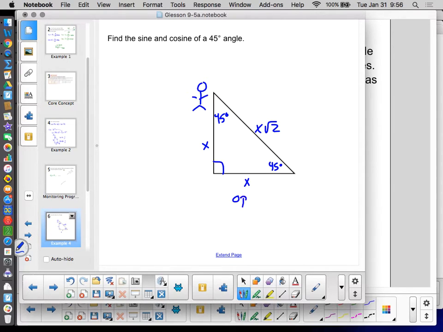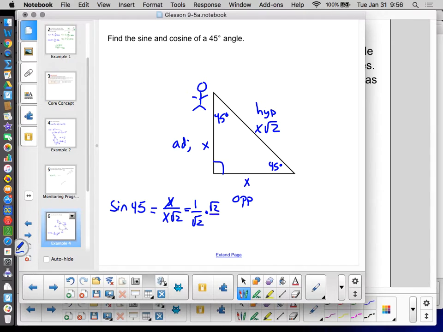Which means this side is the opposite, this side is the adjacent, and this side is the hypotenuse. So sine of 45 is the opposite over the hypotenuse. The x's cancel. That gives me 1 over the square root of 2. Now, little square root review. We aren't leaving square roots in the denominator, so I have to rationalize.